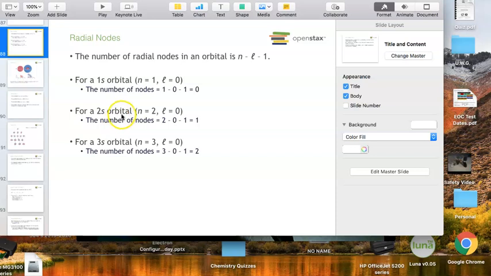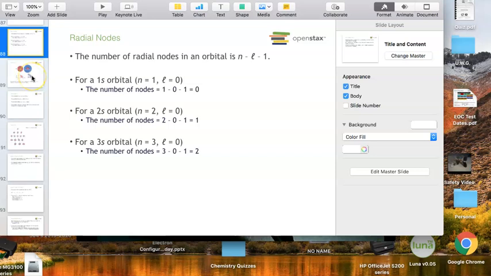For a 2s orbital, n is equal to 2, L is equal to 0, so the number of nodes is 2 minus 0 minus 1, which is equal to 1. And for the 3s orbital, n is equal to 3, L is equal to 0, so the number of nodes is 3 minus 0 minus 1, which is equal to 2.